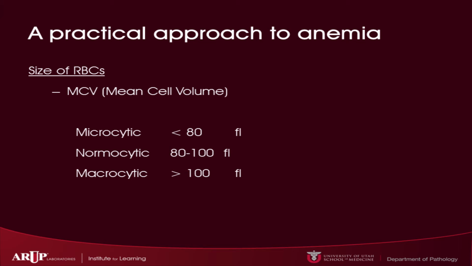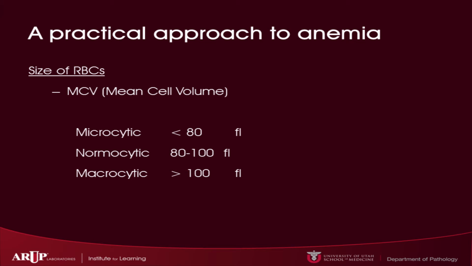The normal reference range varies from laboratory to laboratory, but most of the time it's anywhere from 80 to 98 or 100. So the estimate would be around 80 to 100, but it can vary anywhere from 78 to 95 or 98, something like that.